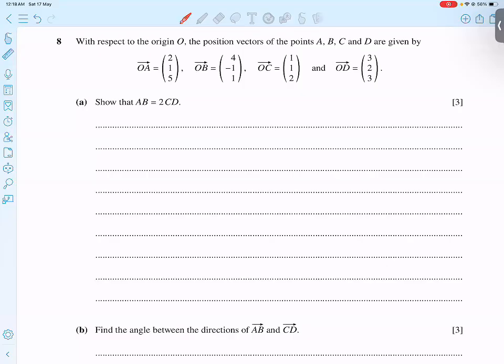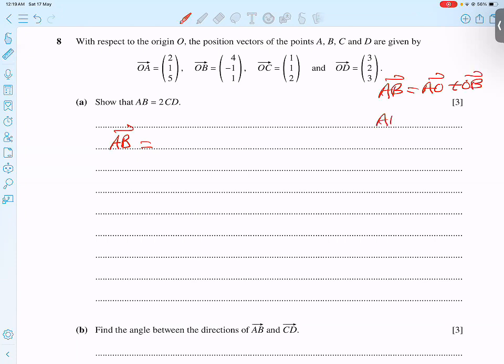Question number 8. We have, with respect to origin, the position vectors of A, B, C, D given, you can see below. And he said, show AB is equal to 2 times that. So basically, we are going to find the AB vector. And what is the method to find the AB vector? I have two techniques. I can say AB vector is like this, A to O plus O to B, not wrong at all.